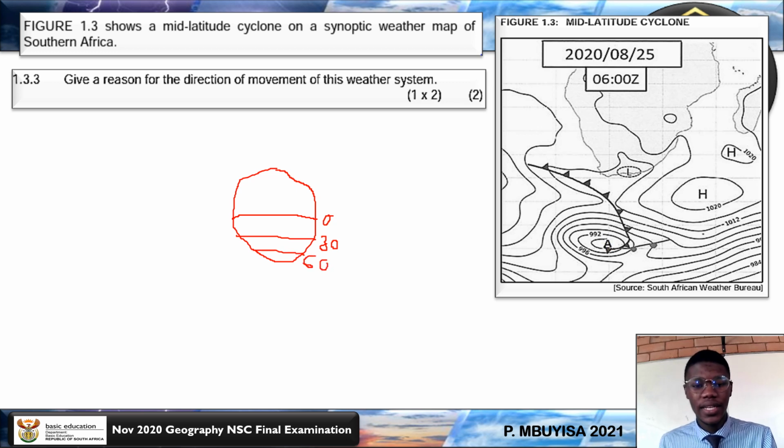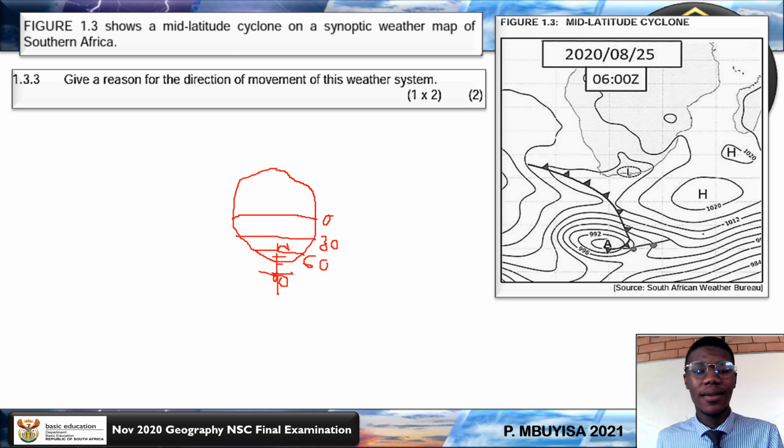And then you have 90 at the poles. Remember I showed you that. Between 60 and 90 you have your easterly winds, specifically polar easterlies. Between 30 and 60, that's your subtropical region, so you have your subtropical westerlies.